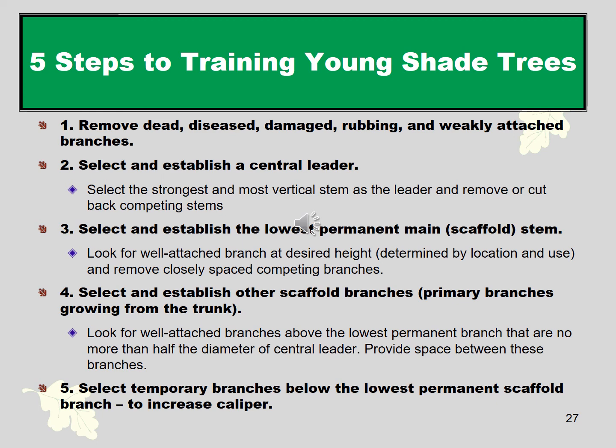Those are the laterals. 4, select and establish other scaffold branches that might be lower than you want them to be, but leave them there for a while because they feed that trunk of the tree and help that trunk in the lower areas become larger in diameter and more strong. And 5, select temporary branches below that lowest permanent scaffold, like I just said, to increase the caliper.